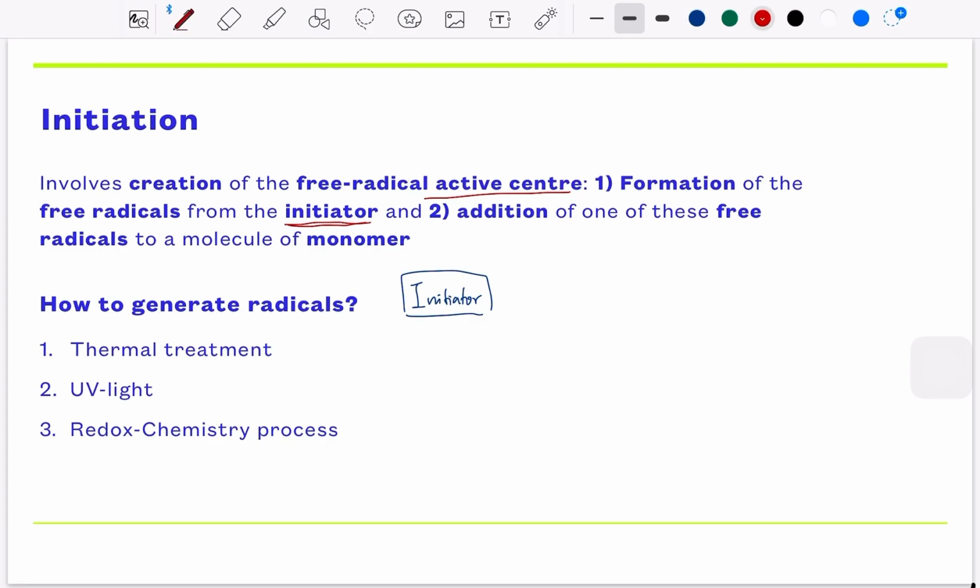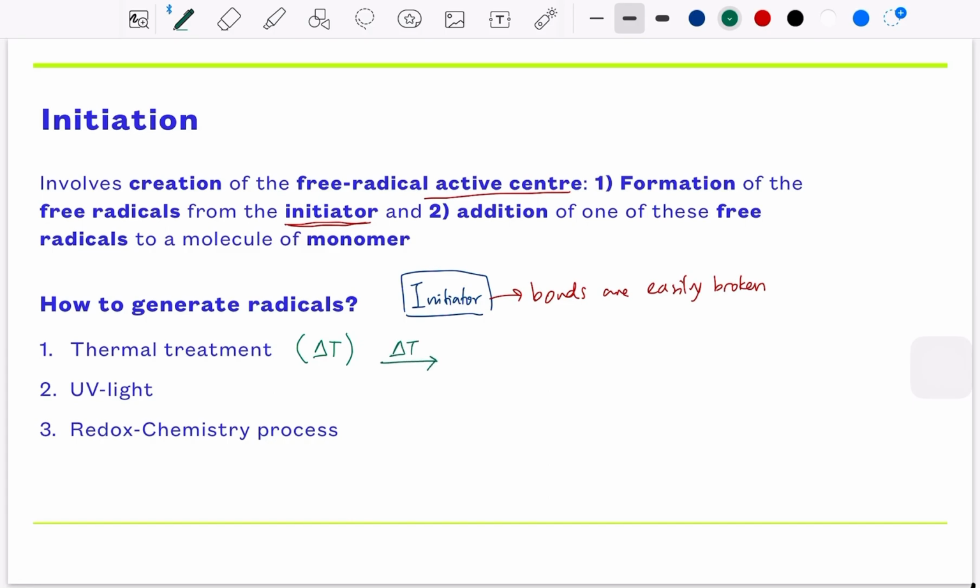The bonds in the initiator are easily broken. And usually, if you read the reactions in the notes to see which one is the initiator, for thermal treatment they will give you the delta T in the reaction, maybe on the arrow.